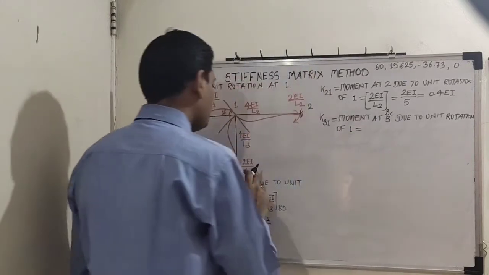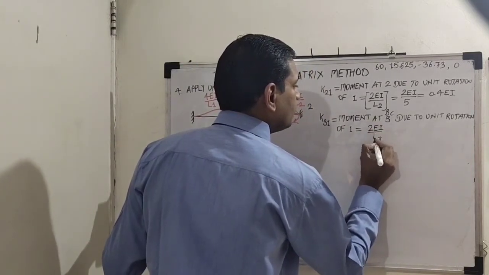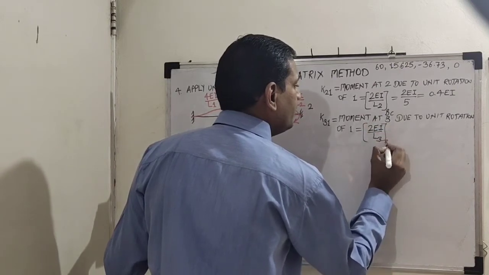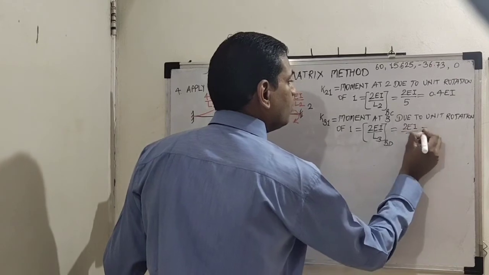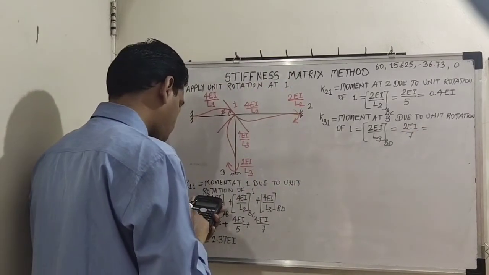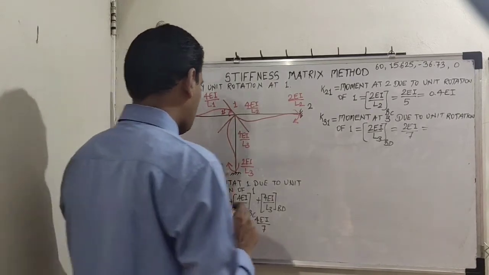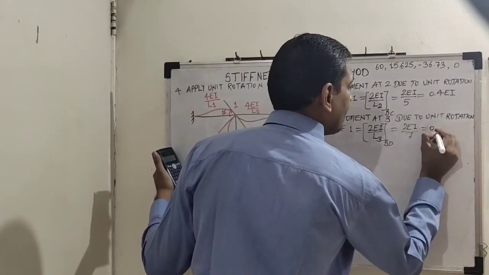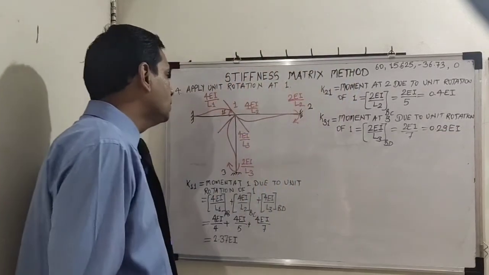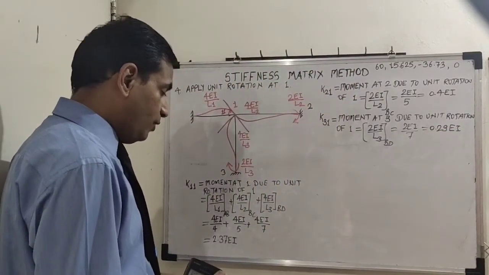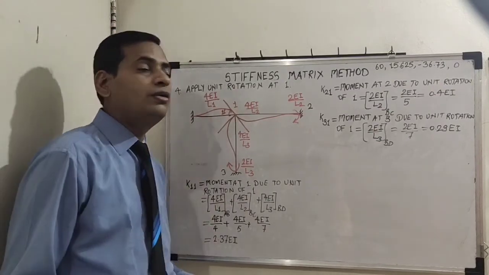So how much is this? 2EI by L3, BD. So 2EI by 7. How much is 2EI by 7? 0.29EI. So three values we have got from 1 unit rotation of one unknown.